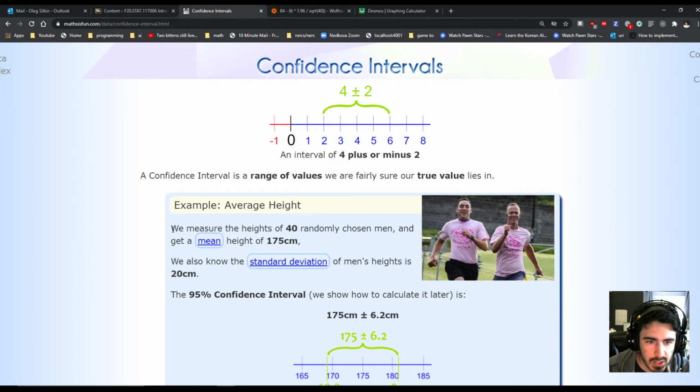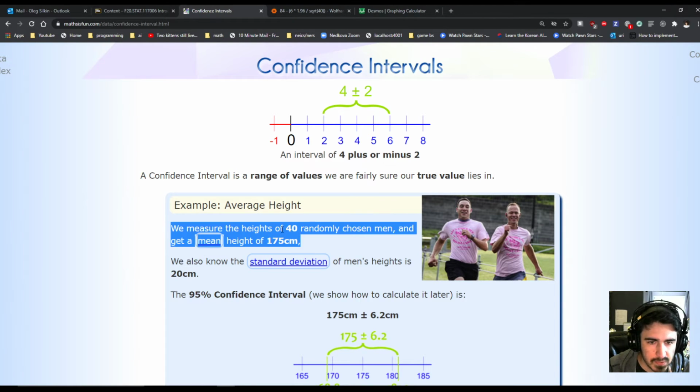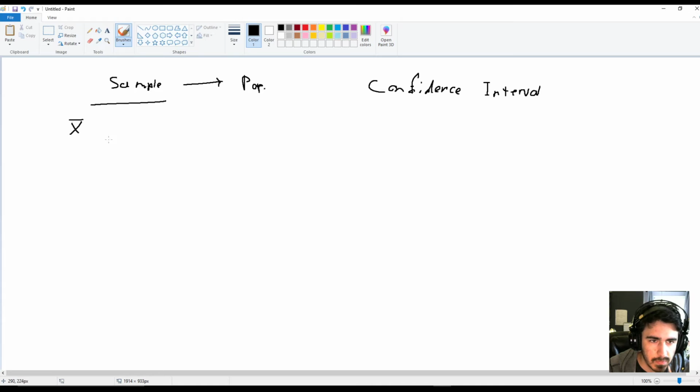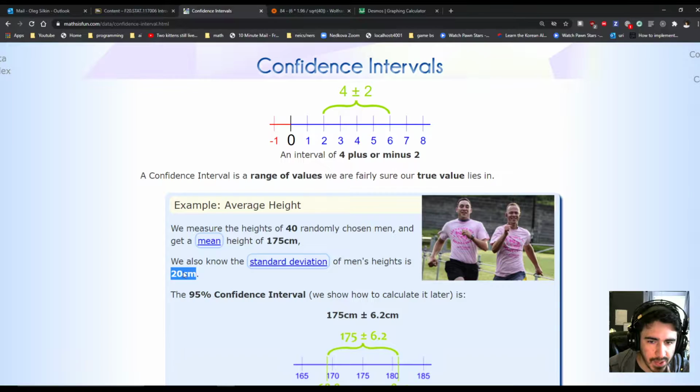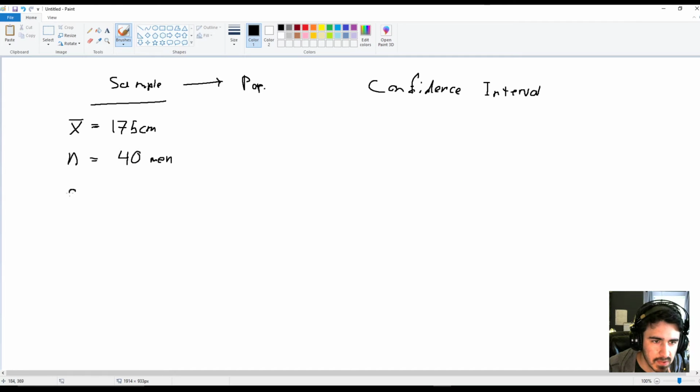If we want to look at the heights of men, we will say that we get 40 some men, and we'll say that our sample average that we got was 175 centimeters. And this was obtained from a sample of 40 men. So n equals 40. And we'll say that our standard deviation S in this case is going to be 20 centimeters.